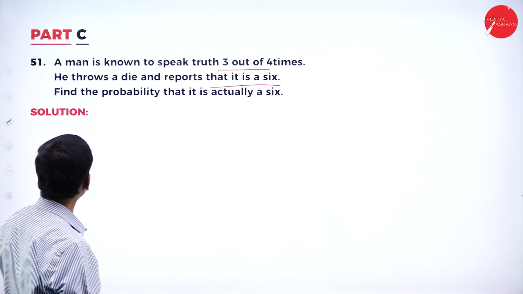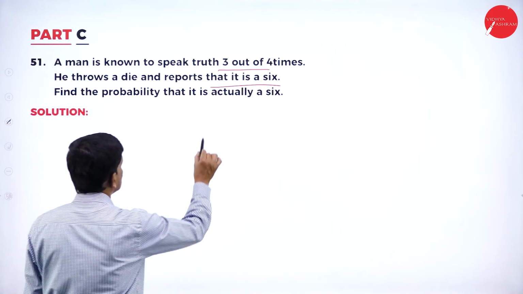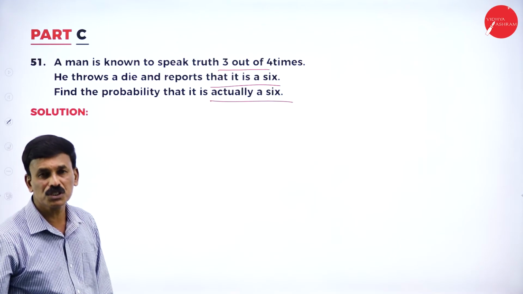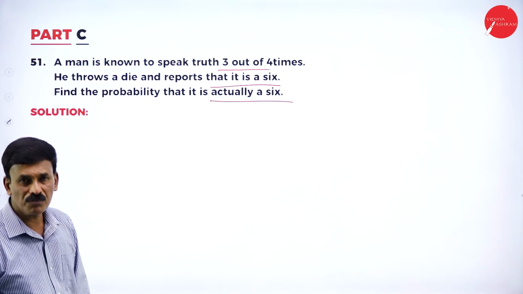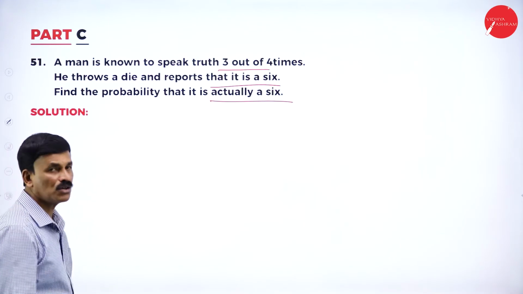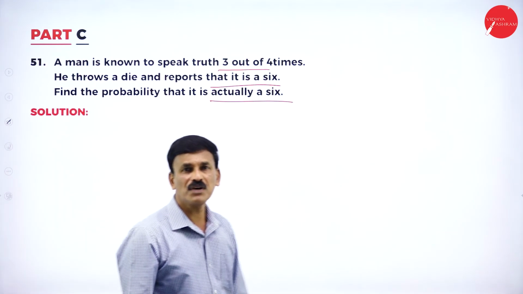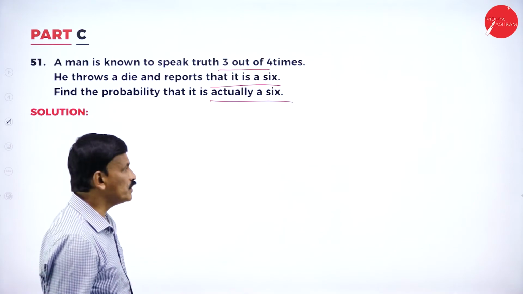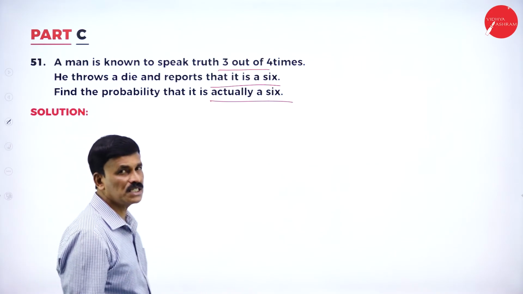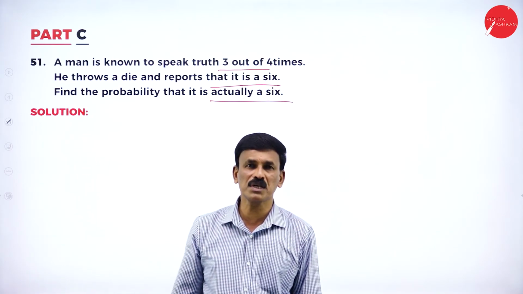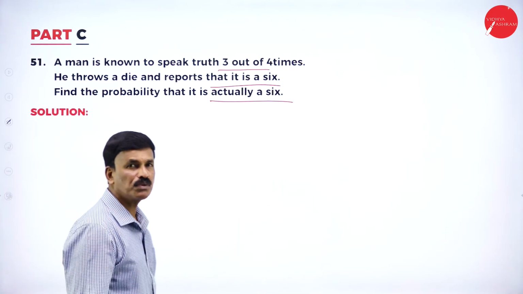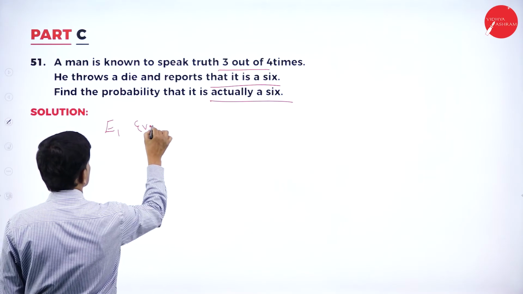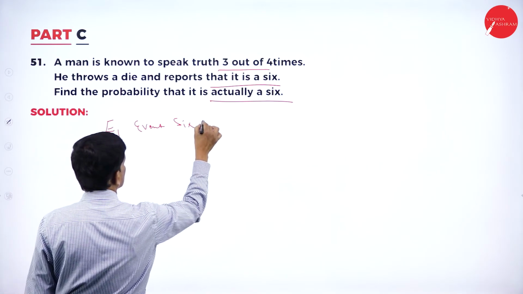Now, what is the probability? Find the probability that it is actually 6, because he is going to speak truth 3 out of 4. Now this can be solved using Bayes theorem. Let us define the event E1 as the event that 6 appears on a die.